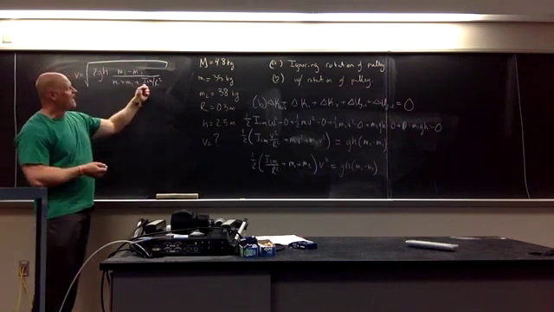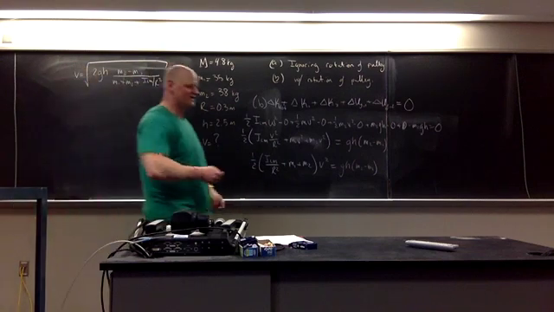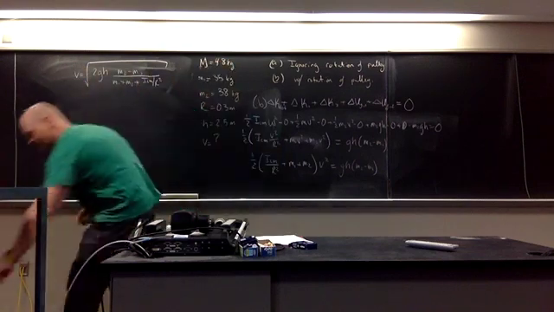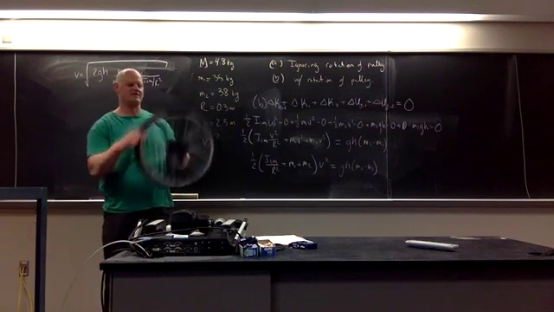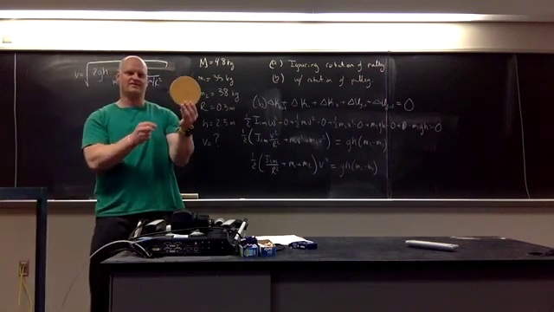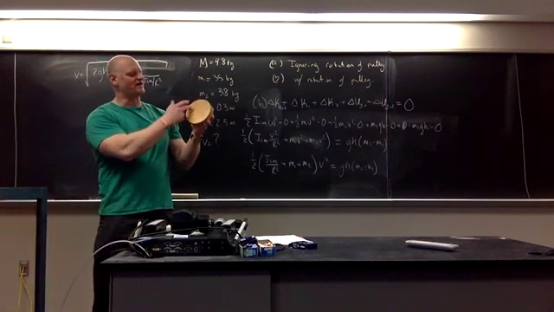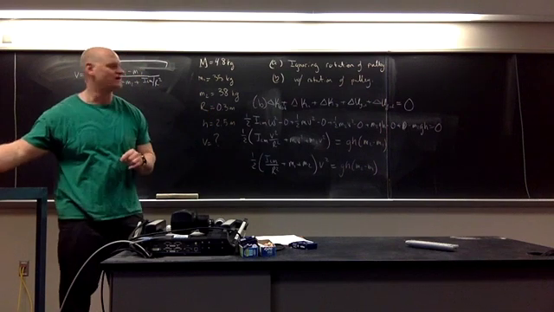So I have to know the moment of inertia about the center of mass. In our case, we're going to pretend that this is a solid disk. The moment of inertia of a solid disk is 1/2 times its mass times its radius squared.